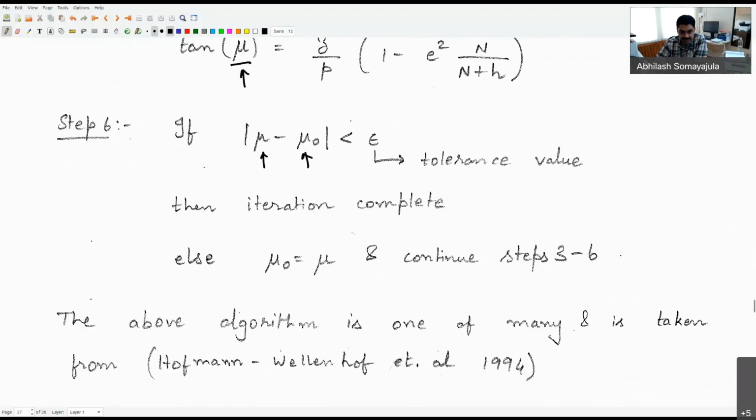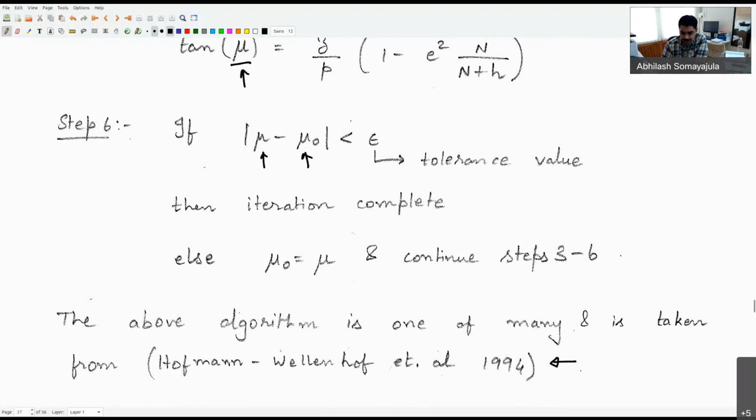This algorithm which we have seen right here is just one of the many algorithms which are available to compute the latitude and longitude. This particular one was taken from Hofmann-Wellenhof et al., 1994.